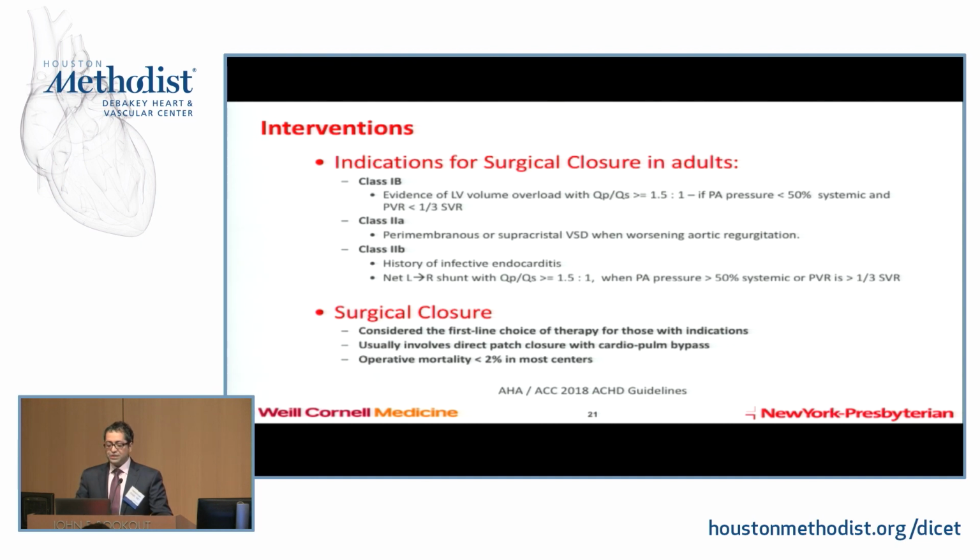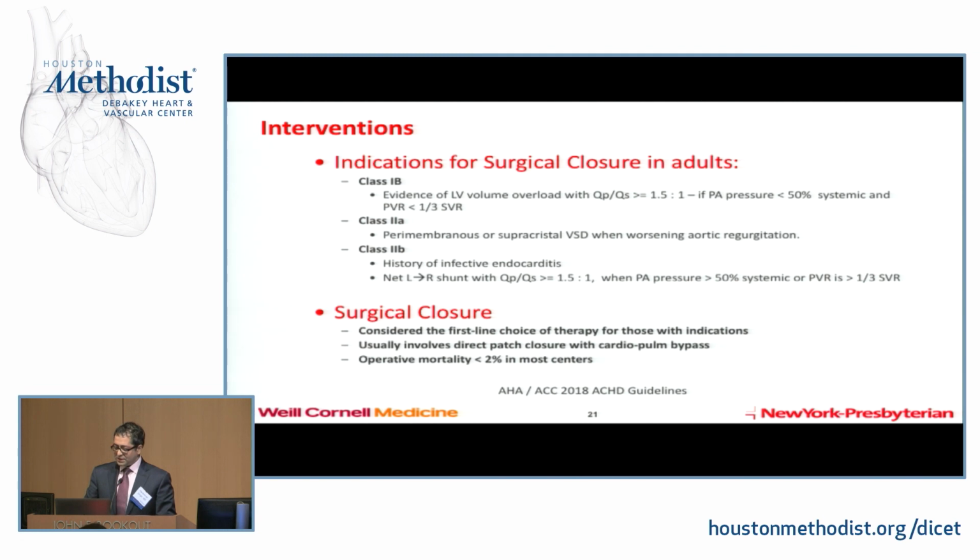Similarly, if you see worsening aortic regurgitation, they recommend closing. And if you've had a history of endocarditis, which is an increased risk with having a VSD, they consider closing. They actually leave a little bit of openness as a class 2B indication to close if you see high PA pressures, if the overall direction of the shunt is still left to right.